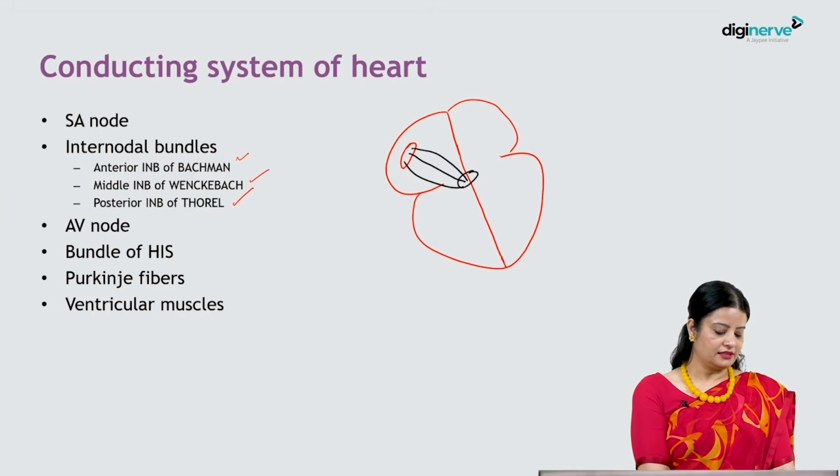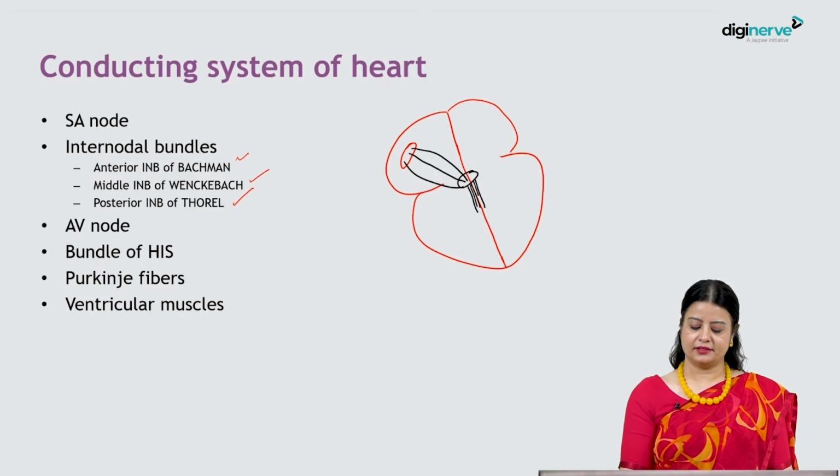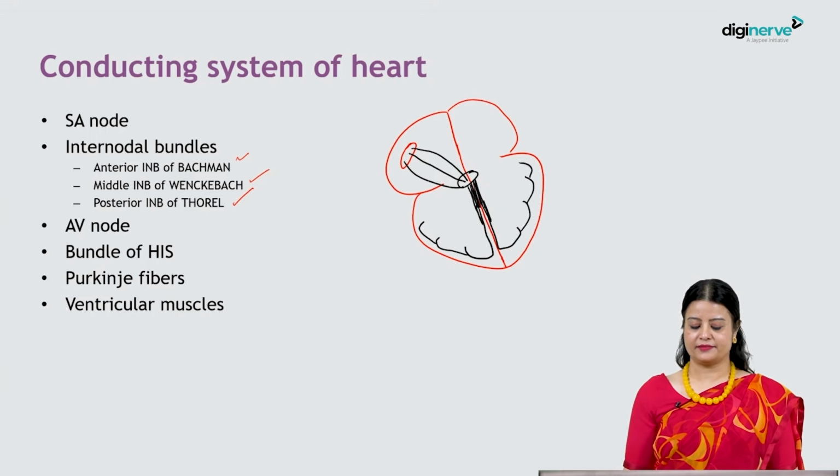From the AV node, a common bundle of His arises. It divides into the right bundle branch and the left bundle branch, which then continues as the Purkinje fibers, which supply the ventricular muscle fibers.